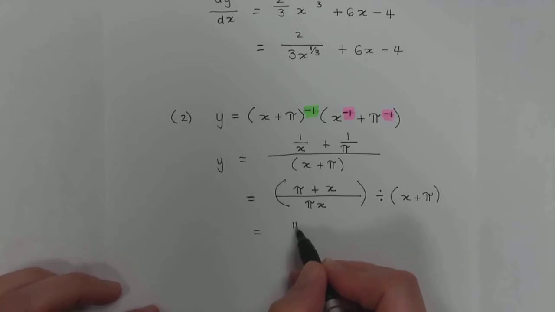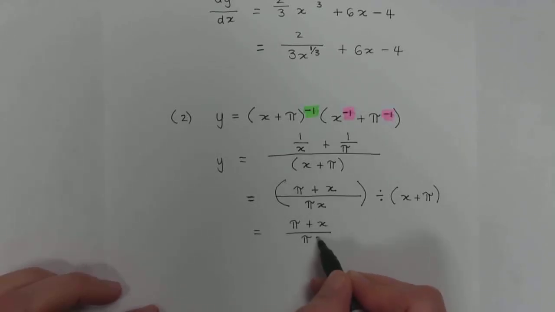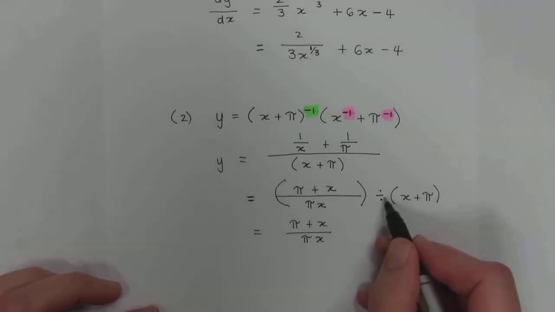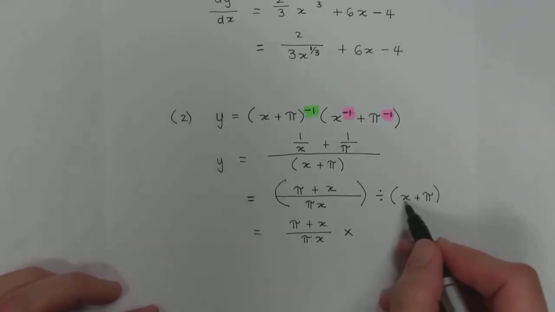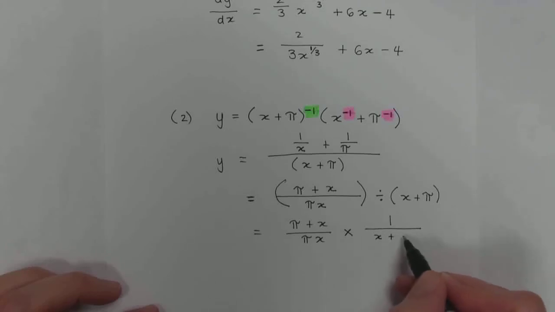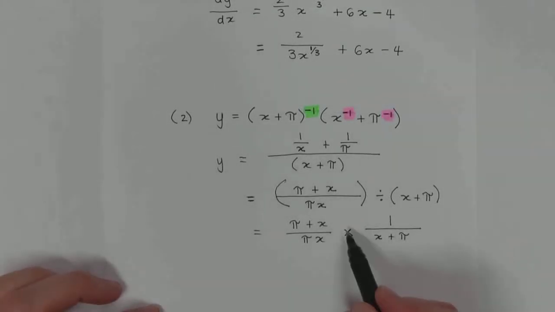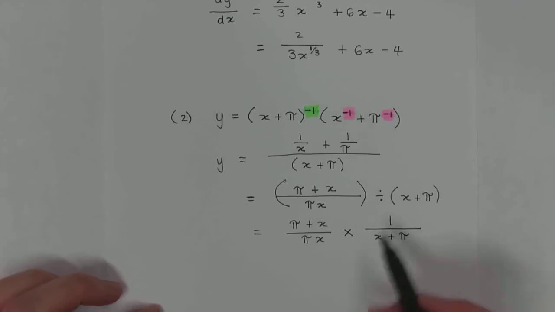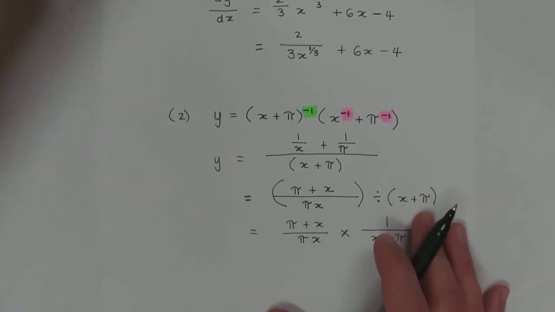I will then say it's pi plus x over pi x, and here I will change my division to multiplication, which means I need to change that to the reciprocal, which we normally call tip and times. I know lots of teachers prefer not to use the words tip or times.